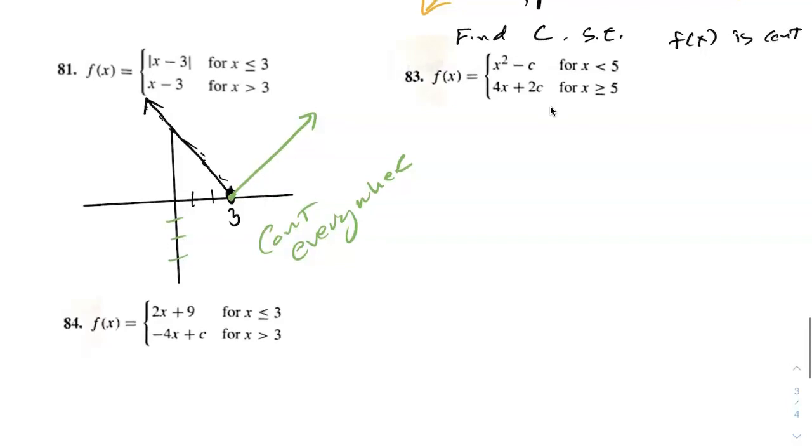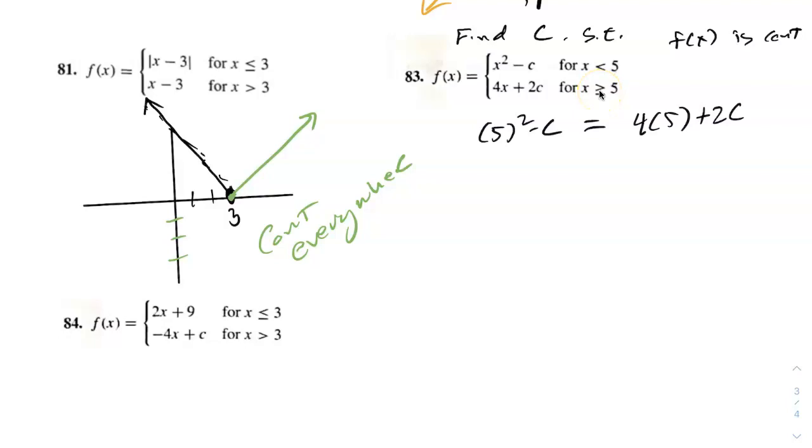So the first thing I'm going to do is plug 5 into both of these. So I'm going to go 5 squared minus c, and 4 times 5 plus 2c. Now if I want them to be continuous, I want them to match. So you set them equal to each other. That's all we have to do. Set them equal to each other, because that's when they're continuous, they match, and then plug the value in for x.